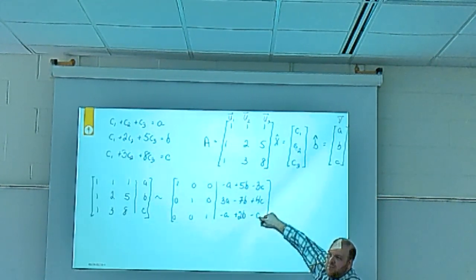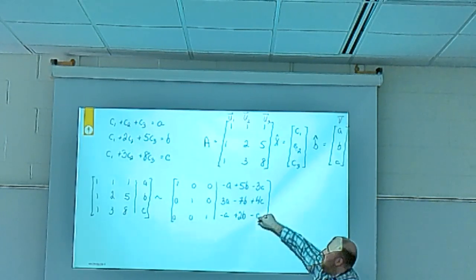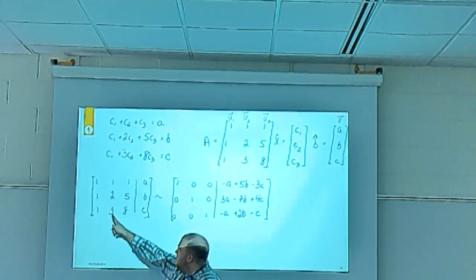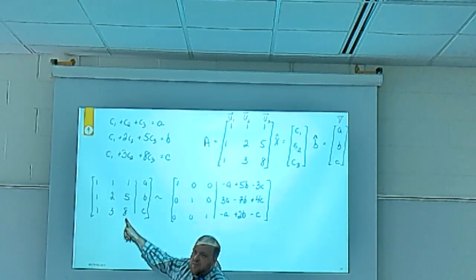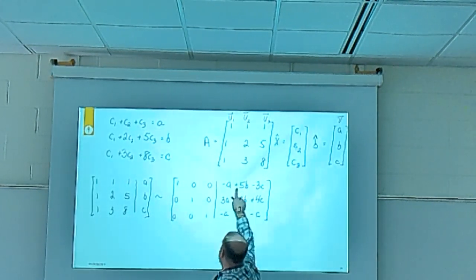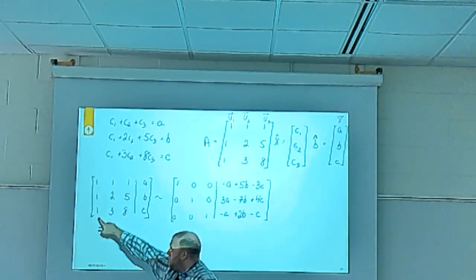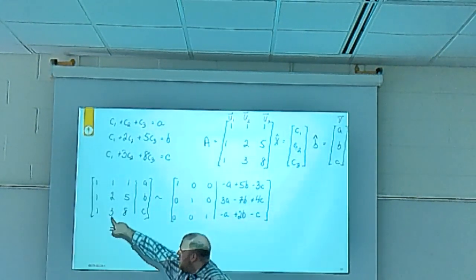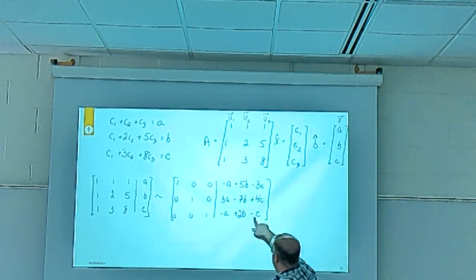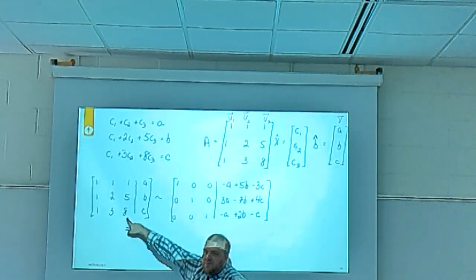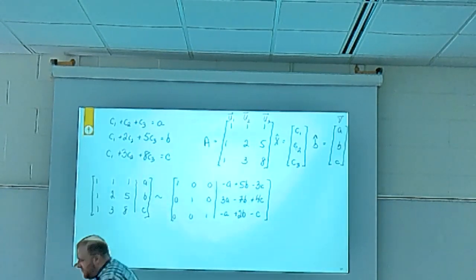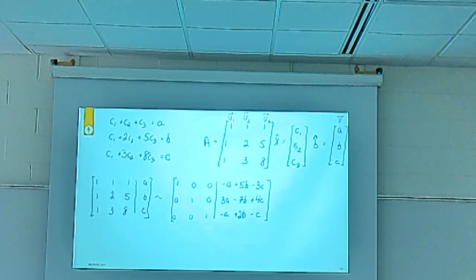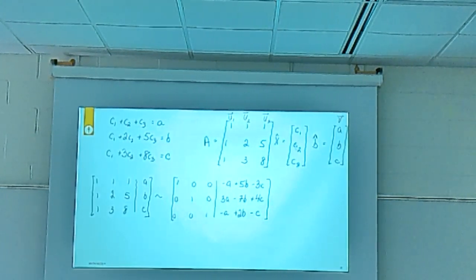So these are the scalars that we would need to be able to write A, B, C as a linear combination of 1, 1, 1, 1, 2, 3, 1, 5, 8. So the vector A, B, C would be this number times 1, 1, 1 plus this number times 1, 2, 3 plus this number times 1, 5, 8. Right, so just by choosing appropriate scalars, we can write any free vector just from these three.